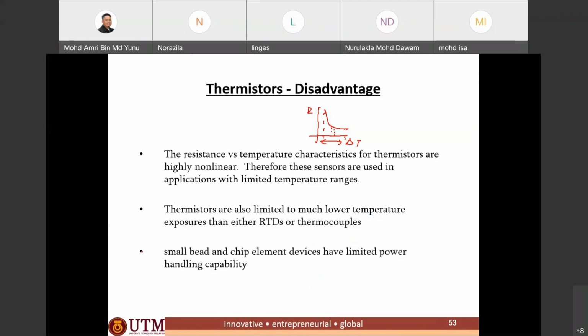And if the device is smaller in dimension, care must be taken when powering up the device. You have to adjust the power level, otherwise the semiconductor device will easily perish or malfunction due to high current flowing through the thermistor.